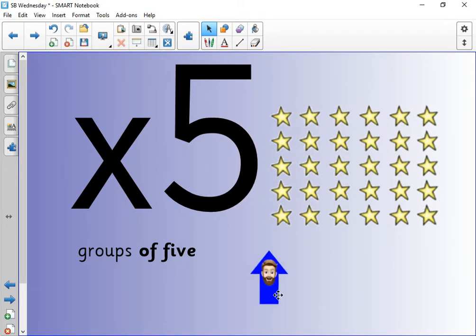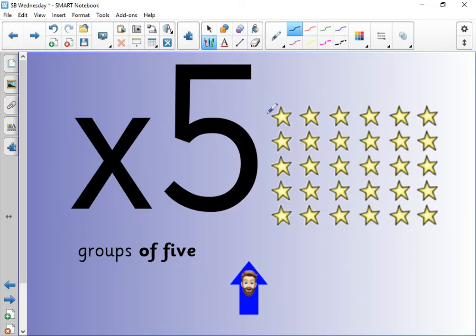Are the groups of 5 going in rows, or are the groups of 5 going in columns? What do you think? Shout out, rows or columns? Well done. The groups of 5 are in columns. There's a group of 5.